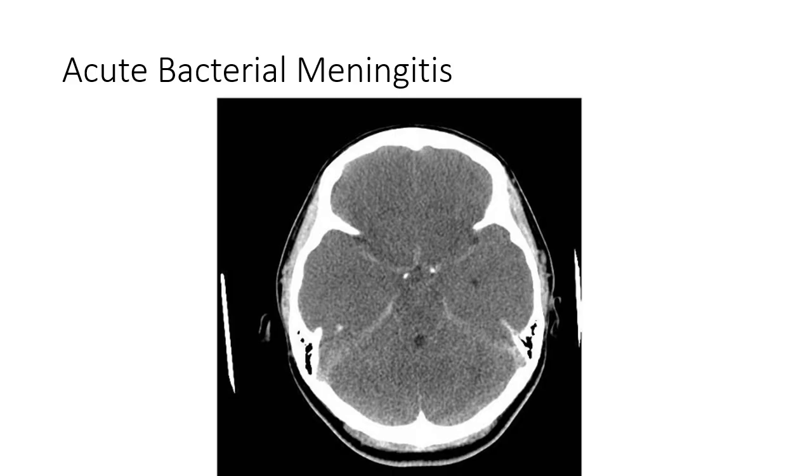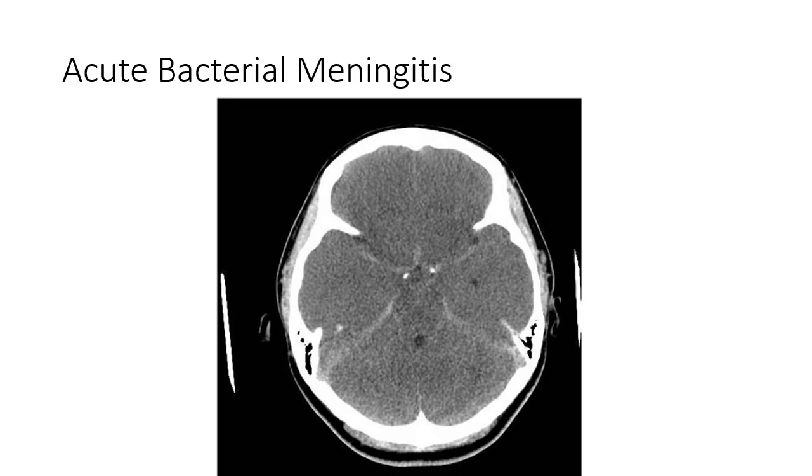Some of the notable things that we see in this slice of the scan is that there's some hyperdensity in the tentorium, which is the part that might be most suspicious for subarachnoid hemorrhage. There's also obliteration of the basal cistern. So if you look around the brainstem there is no space. It's hard to distinguish the brainstem from the surrounding parenchyma in the temporal lobes and the cerebellum.